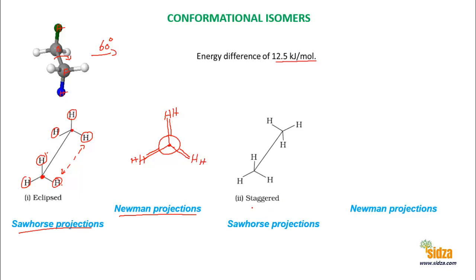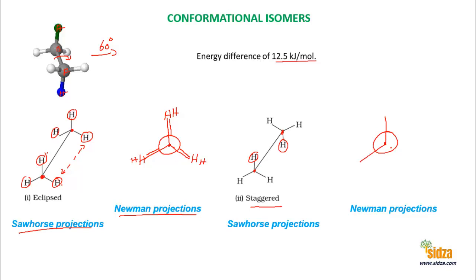And the staggered one is more stable. Why? Because here the hydrogen atoms are not under the eclipse, right? You can see this is down here and this is up. Correct? So these hydrogen atoms are not under eclipse. Therefore, you can draw its Newman projection like this. Let's draw the circle as the back carbon, and the center means the front carbon.